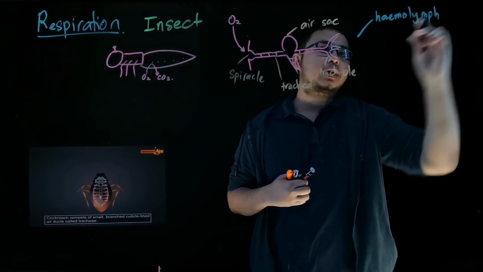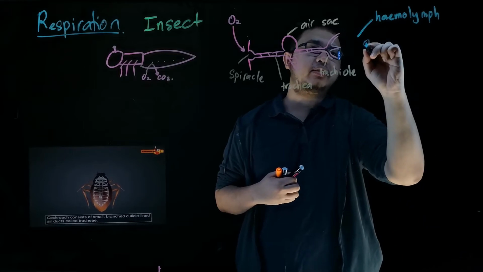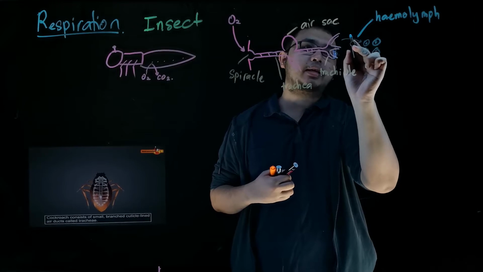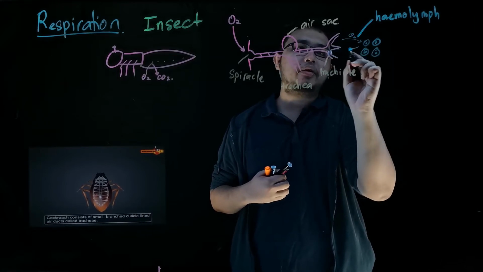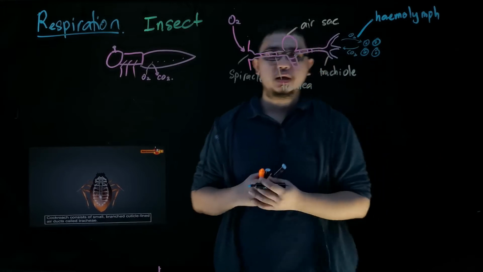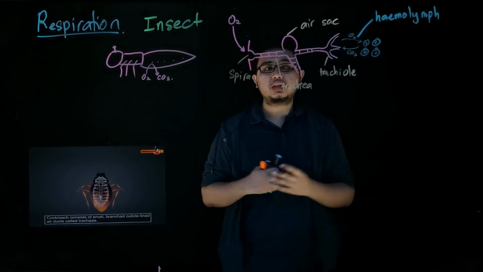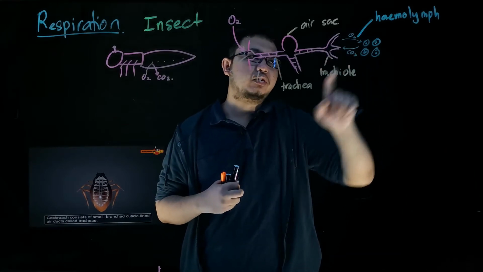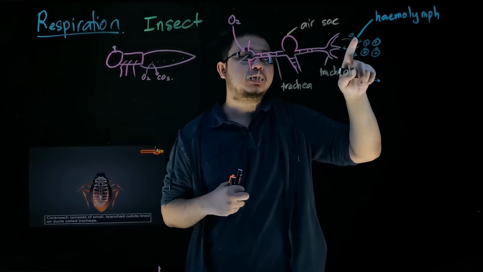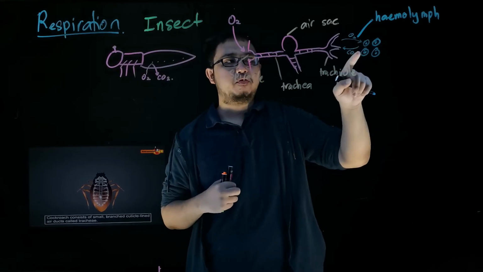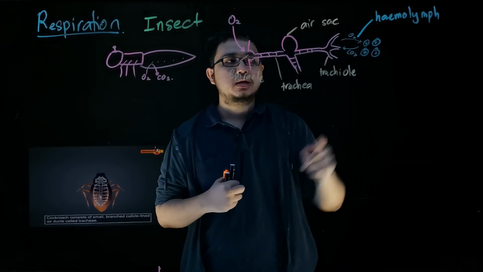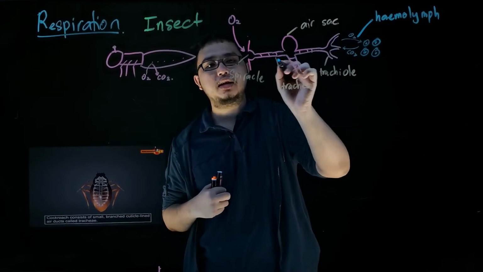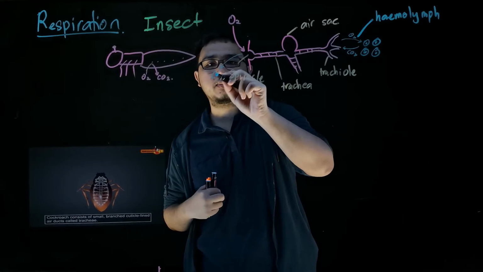And this hemolymph floods over the body cells of the insect, and this allows the oxygen to immediately enter the cells and the carbon dioxide to escape from the cells. Similar to what you've seen in the fish, this flow follows the concentration gradient where simple diffusion takes place. Carbon dioxide escapes from your cell and oxygen enters. So this carbon dioxide then travels back through the tracheole, enters the trachea, and then out from the spiracle.